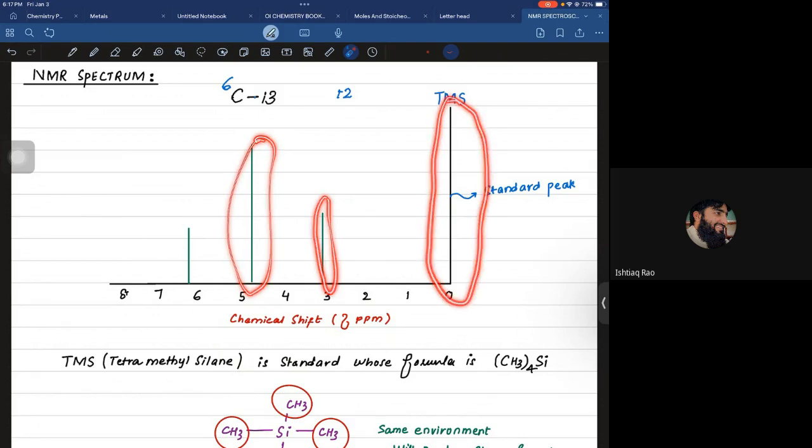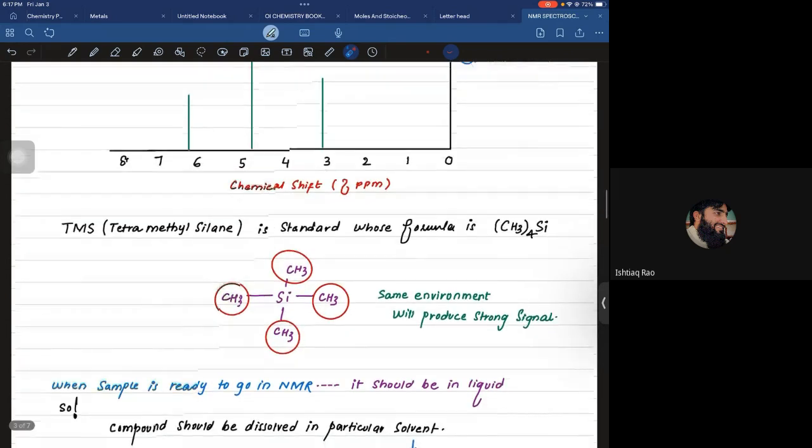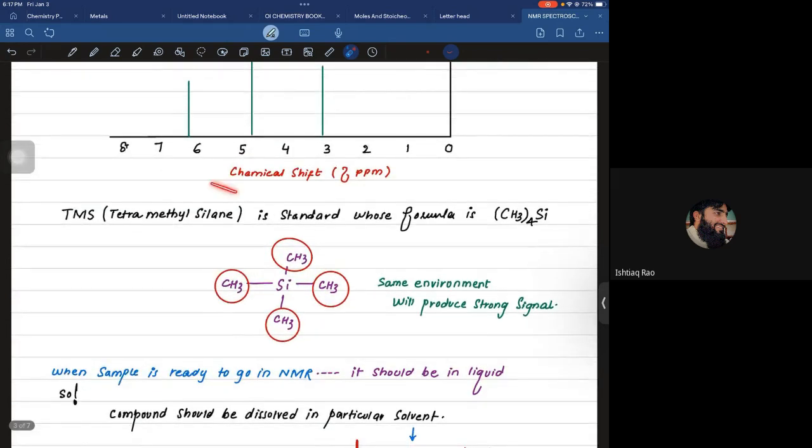This is a standard peak, which is the TMS peak. What is TMS? TMS is tetramethylsilane, whose formula is this. If I draw the structure of TMS, you would see this: the central element is silicon, and around the central element you have four CH3 groups attached.